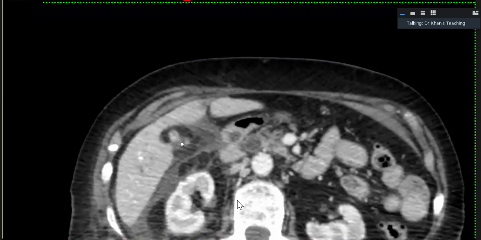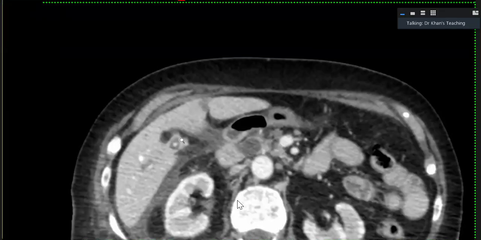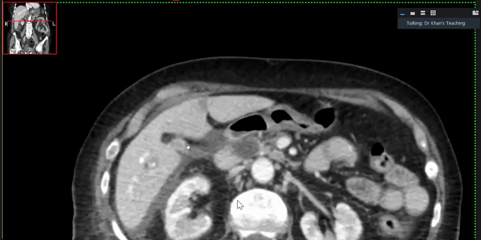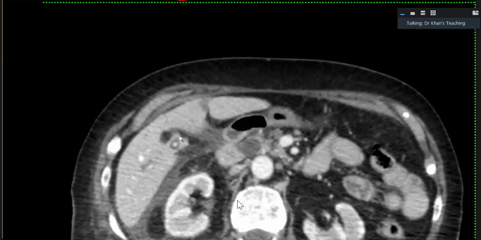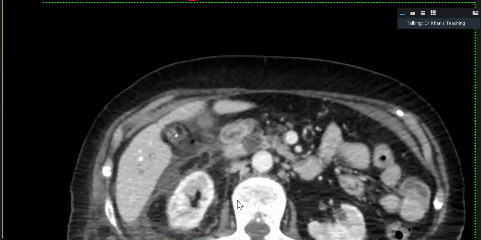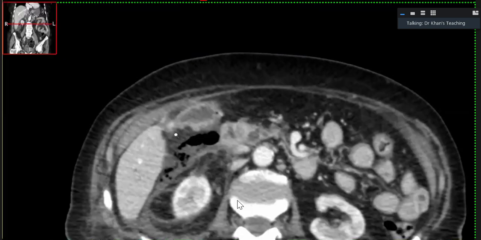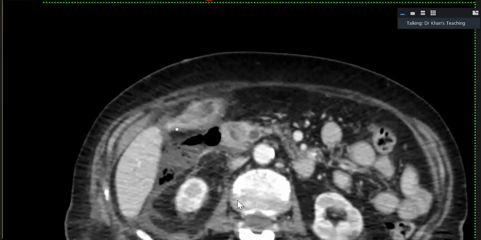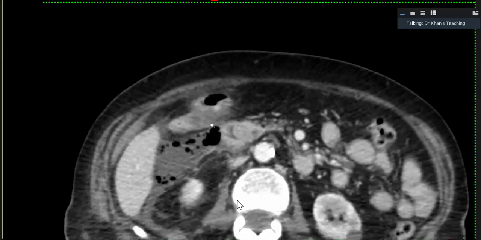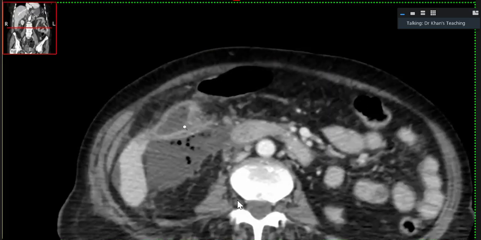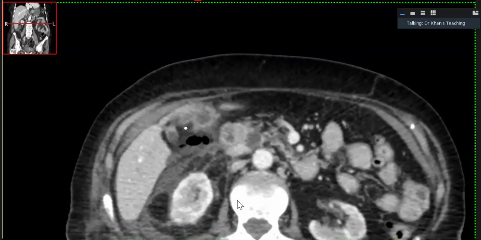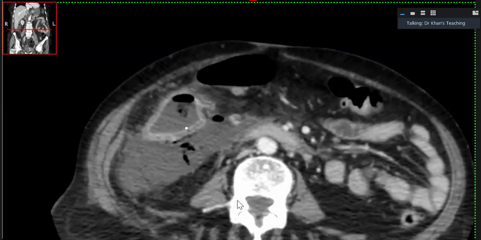If you see here, there is the gallbladder sitting here, and the gallbladder is totally contracted. Enhancing wall, contracted. There is a stone there, and there is enhancement, and this enhancement is tethered with the large bowel, and actually it is fistulating inside it. So there is a biliary-colic fistula.